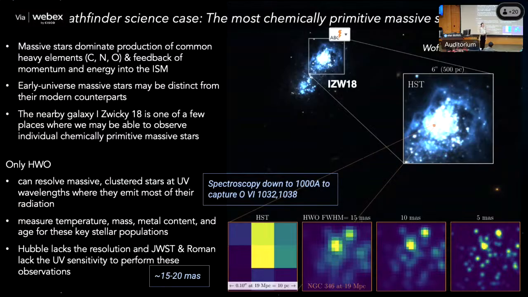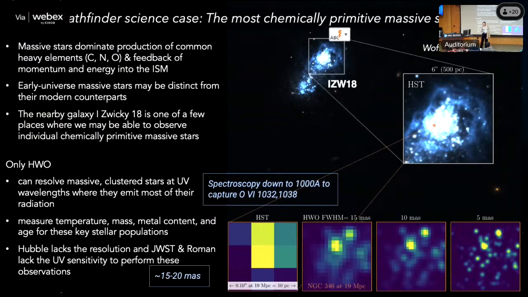So I'm going to show one Pathfinder science case, and I'm going to talk a little bit about programmatics to bring everybody up to speed on what's been going on. But I'm talking about 20 megaparsecs not only because of FANGs, but also because if we want to understand massive stars at the lowest metallicities, which are absolutely critical for understanding all that nonsense that is going on at the high redshift universe, we need to get to 20 megaparsecs and resolve those stars.